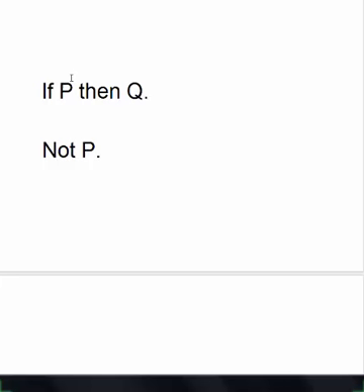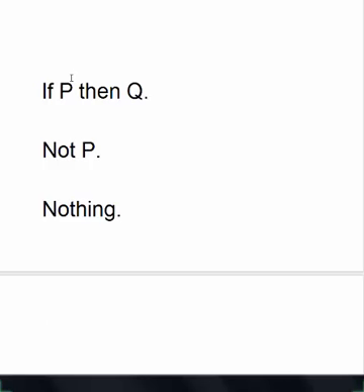What does that imply? If P, then Q, or if P is true, then Q is true. Not P, or P is not true. So what can we then conclude about Q? If P is true, then Q is true. Think about it. What can we conclude? The answer is nothing. Right.